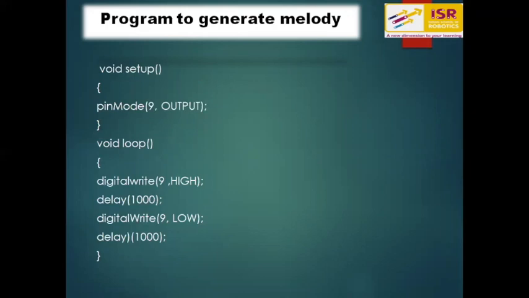That means your buzzer will beep for 1 second and it will turn off for 1 second, and this process will continue again and again as we have used digitalWrite commands in your void loop. This will be the only working of your buzzer interfacing with Arduino, in which it will beep again and again.